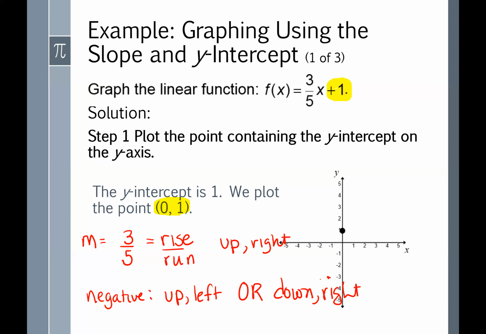But since it's positive, we can go up and to the right. Now we could also go down and to the left. We could do that too.